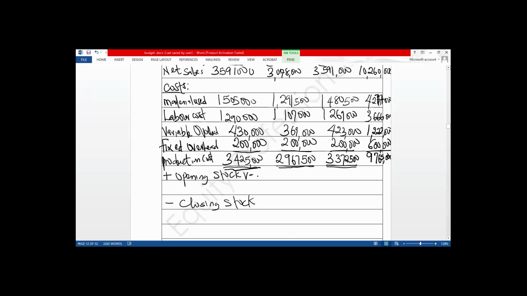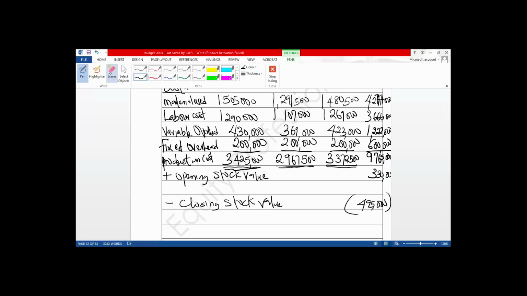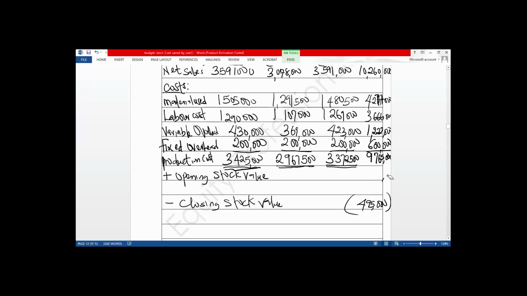Opening stock value, add it, take it to the last. Closing stock value less 495,000. This will be in brackets. So you now move to the profit or loss account prepared for the period ending March.